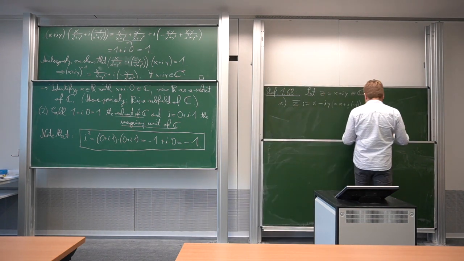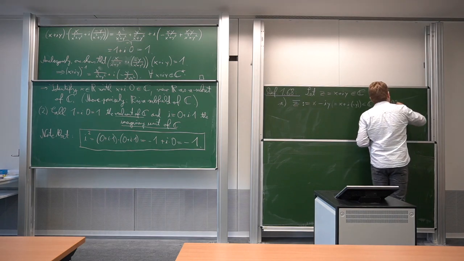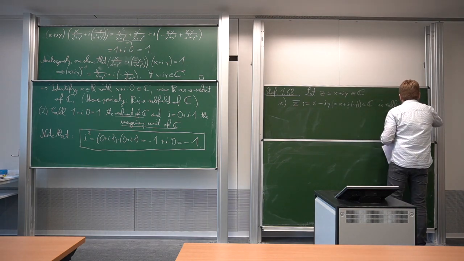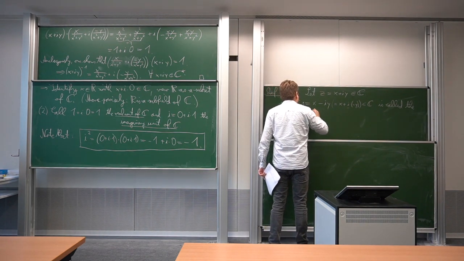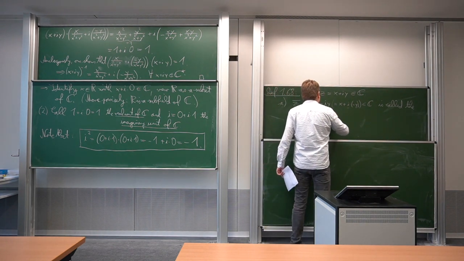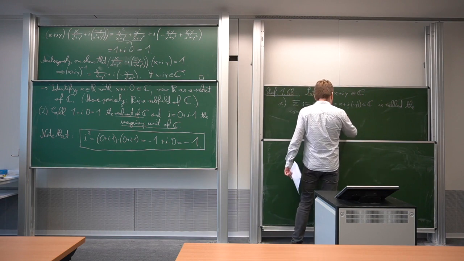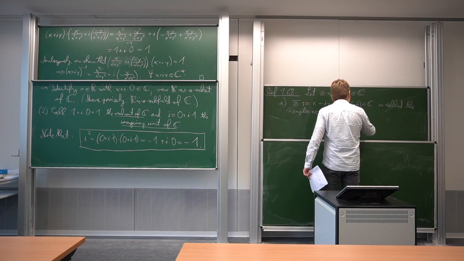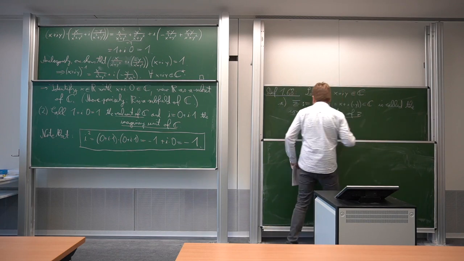So this element in C is called the complex conjugate of z. And this bar, this inverting the sign of the part behind the i, is called complex conjugation.